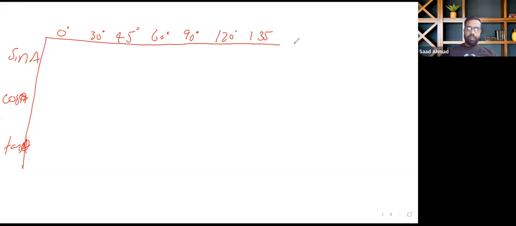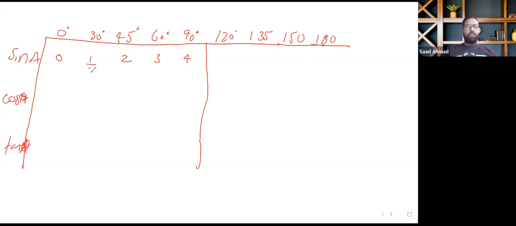It's a good way, so you don't need to memorize them anymore. You can just write your own table quickly. You start from here, and you just start writing 0, 1, 2, 3, 4. Just do it up to 90 here. We'll fill in the remaining later. So first you write 0, 1, 2, 3, 4. Then divide them by 2.